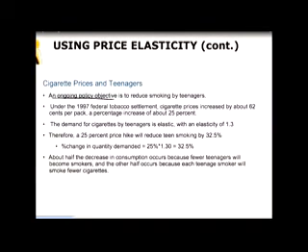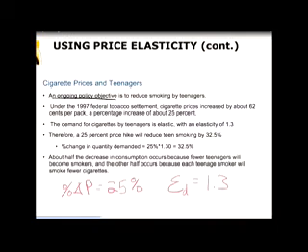An ongoing policy objective of the federal government in the United States is to reduce smoking by teenagers. In 1997, a settlement was reached that increased the price of cigarettes by about 62 cents per pack. This is a 25% increase in the price. So we know that the percent change in the price equals 25%. Now the demand for cigarettes by teenagers is elastic, and the elasticity of demand for cigarettes for teenagers is 1.3.